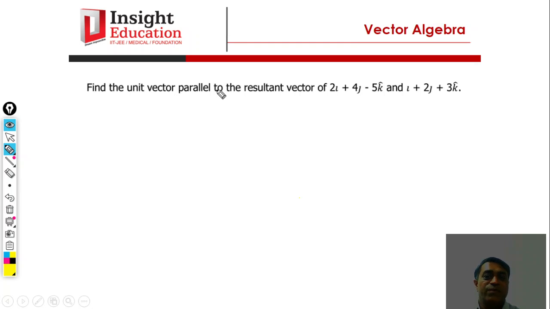Find a unit vector parallel to the resultant of 2i plus 4j minus 5k and i plus 2j plus 3k. So you can say vector A, vector B. The resultant vector R is equal to A plus B. So i plus 2i, 3i, plus 4 plus 2, 6j, minus 5 plus 3, minus 2k.